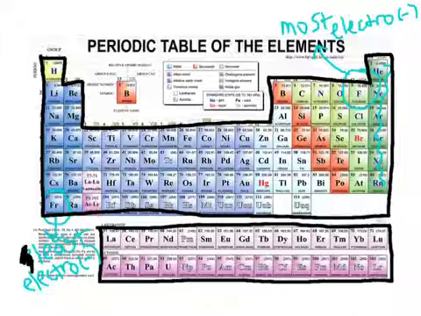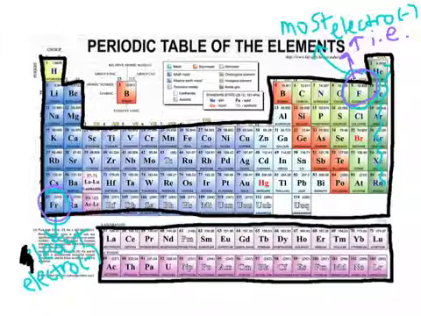That means that fluorine is the most electronegative and has high ionization energy. I'm just going to abbreviate that as IE. And again, francium down here is the least electronegative. It doesn't want to hold on to its electrons at all. So the amount of energy it takes to take one away is very low. So this one is going to have low ionization energy, or low IE.